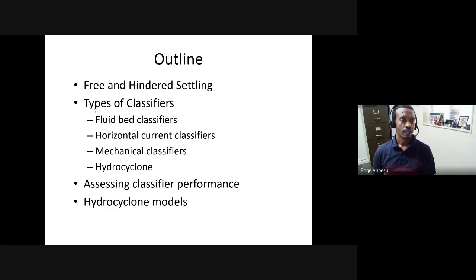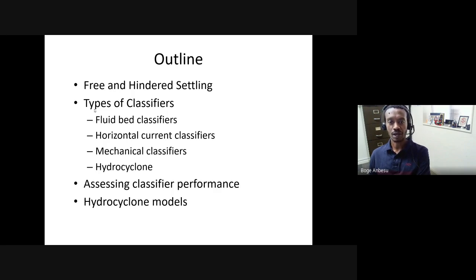And from your other classes, you might also have seen some classifiers. So I'm not going to talk in detail about the different types of classifiers for today, but I will quickly mention some of the ones commonly used in the mineral processing industry. In particular, I will talk about hydrocyclones in a little bit of detail because most operations use them.